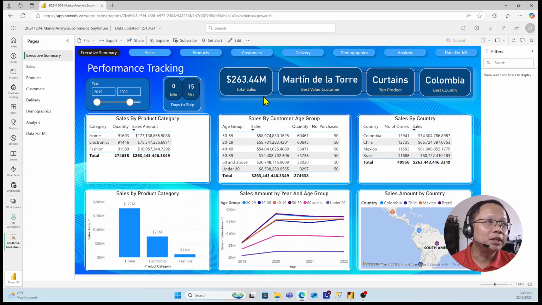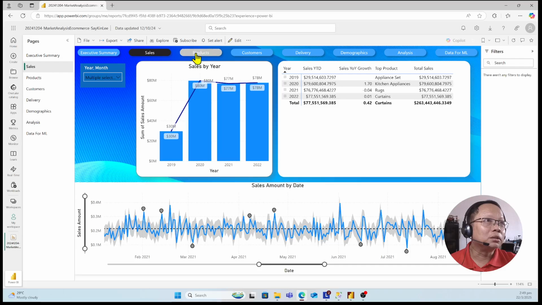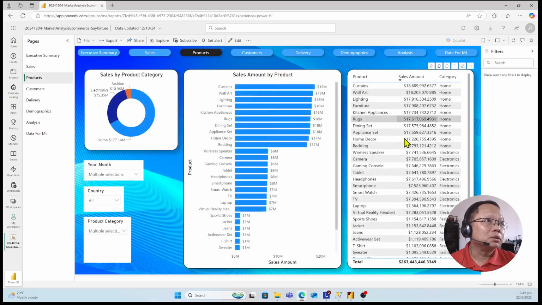So it's a data-driven kind of visualization, and for them to make more accurate business decisions, I think this is critical. Okay, so sales similar, products. Based on the products, the higher selling products, that kind of stuff.